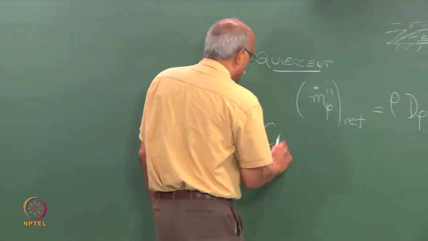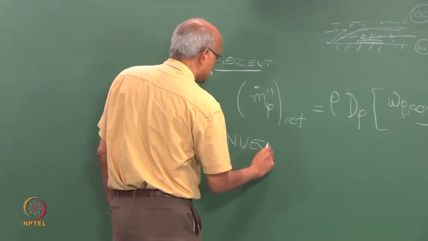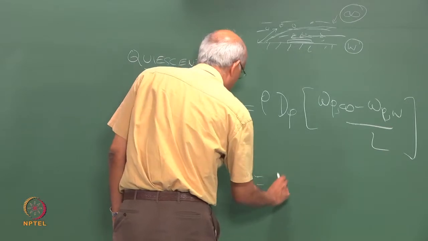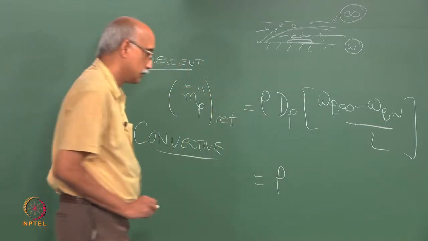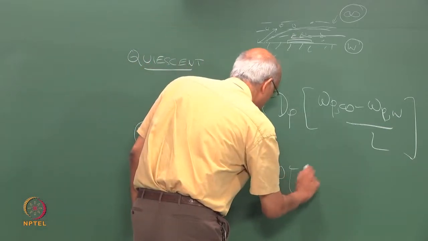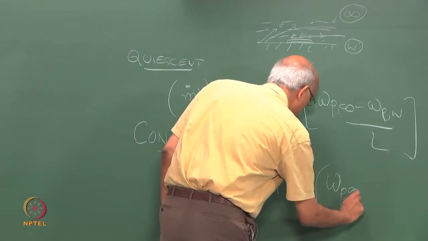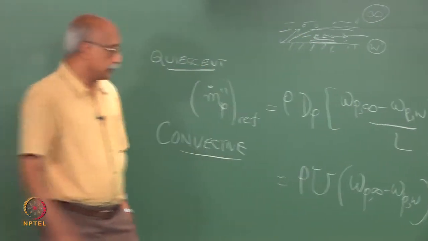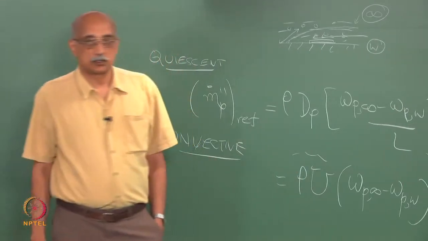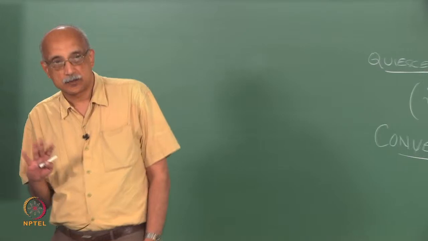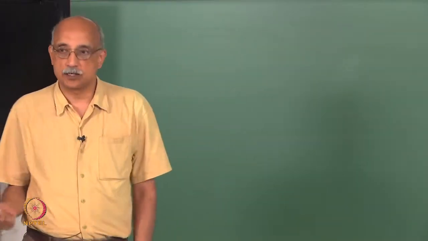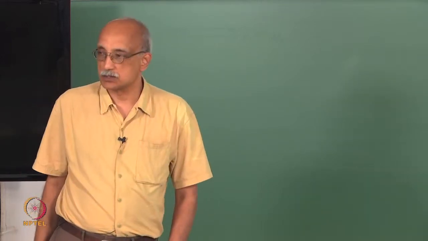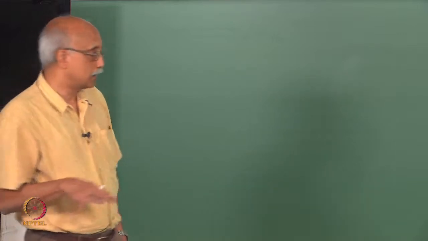In the case of convective flow, the reference flux is now given by rho times u times omega p infinity minus omega p w, where rho u is the convective mass flux of the carrier fluid, and when you multiply it by the mass fraction of particles in the carrier fluid, you get the convective flux of particles that are in the suspension.